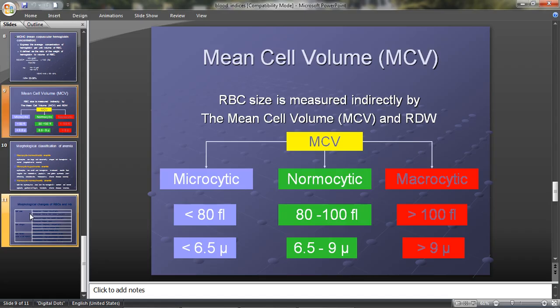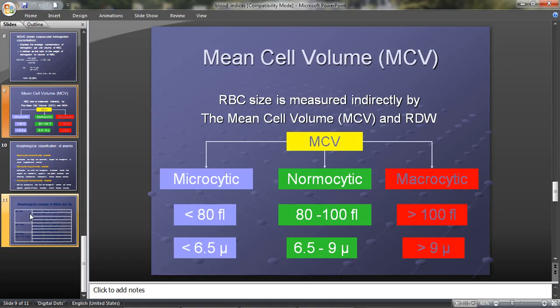Now, if for any reason the diameter of the RBC is decreased, or it becomes less than 6.5, the RBCs would be termed microcytic. In the case of microcytic RBCs, the MCV would be less than normal, or less than 80.